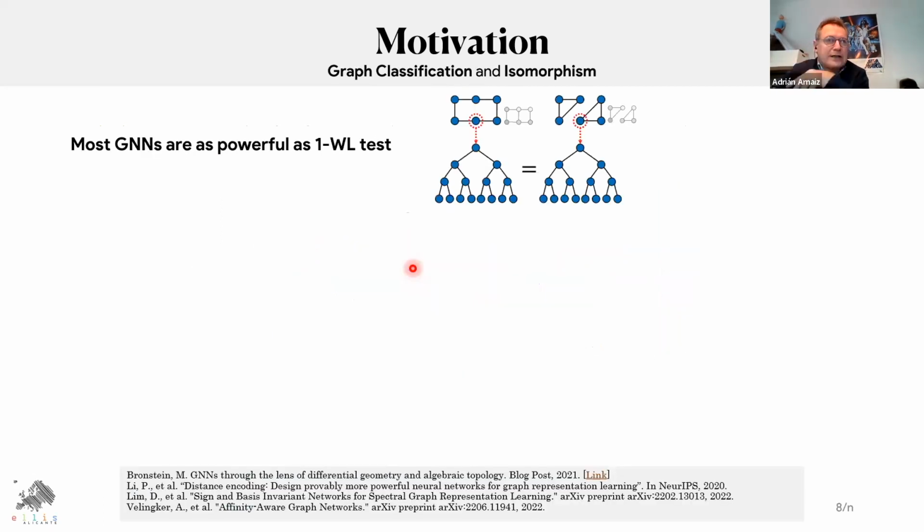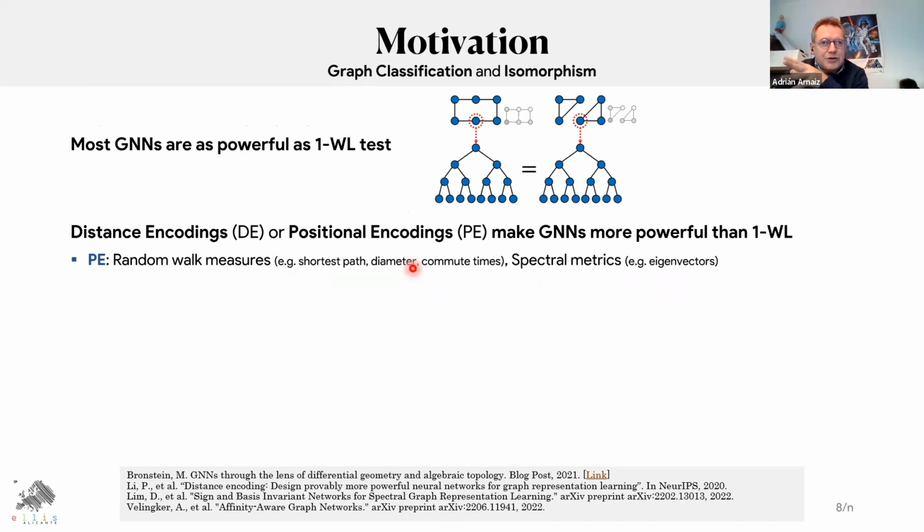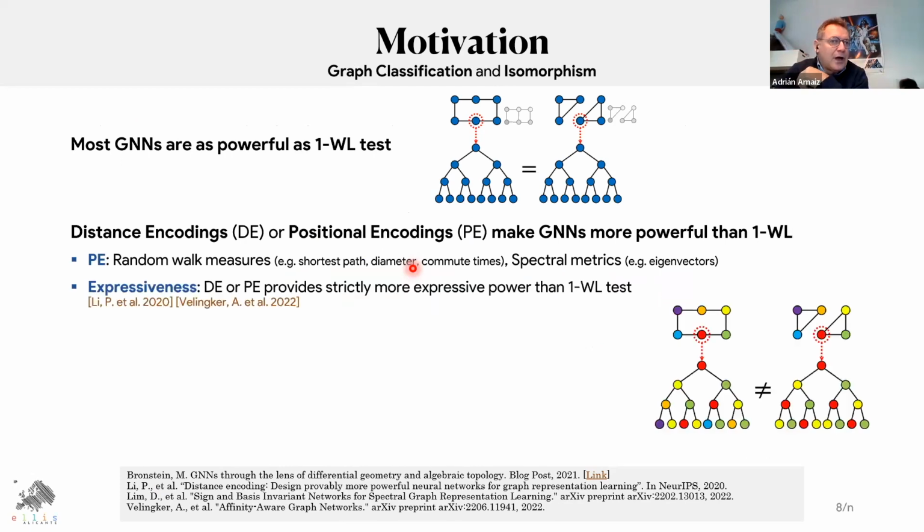But in general, all this kind of work is aligned with the need of being more powerful than the 1WL test. And there are many works in the area, like distance encodings and positional encodings that make GNNs more expressive. The idea is to discriminate between graphs based on some attributes in the nodes which reflect the structural role of these nodes in the graph.